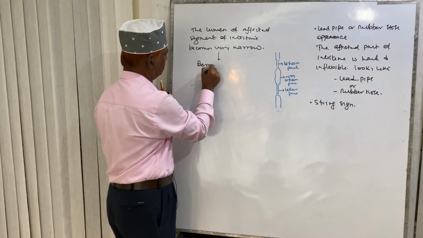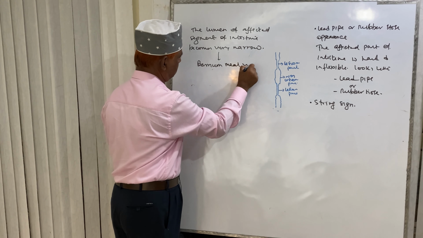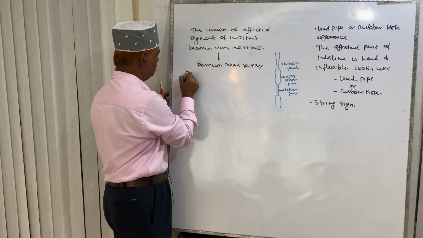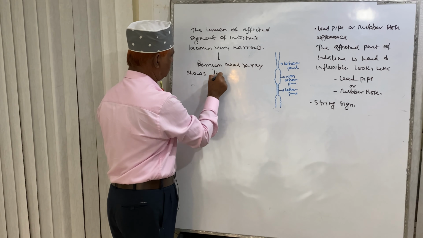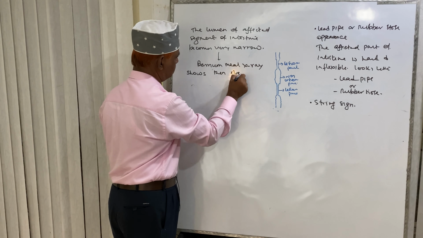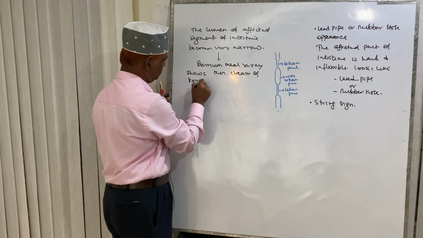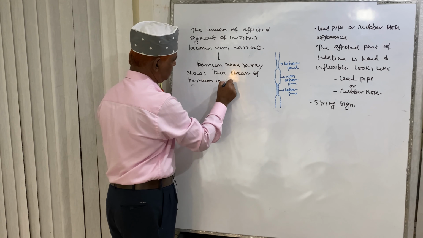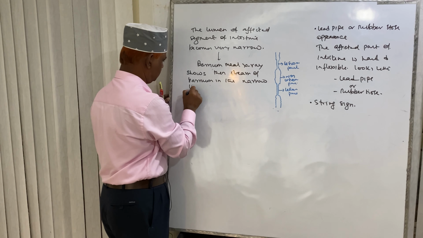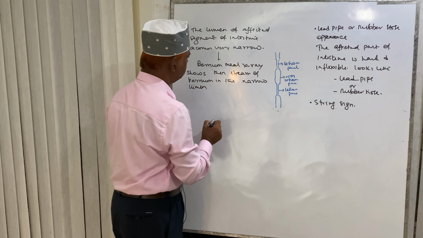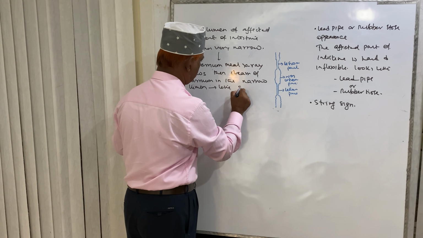Barium meal X-ray shows a thin stream of barium in the narrow lumen, like a string.